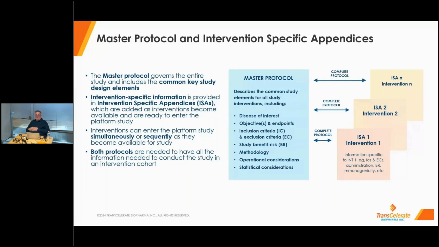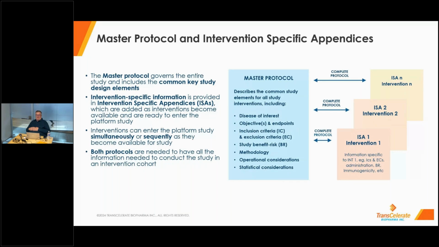These may include the disease of interest, objectives and endpoints, inclusion and exclusion criteria, the overall benefit-risk of the entire study, any methodology involved, any operational considerations, and key statistical considerations that are applicable across all of the interventions. And within this, we feed in as many intervention-specific appendices as are relevant for information that's specific to that intervention.